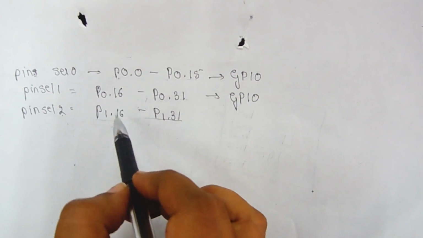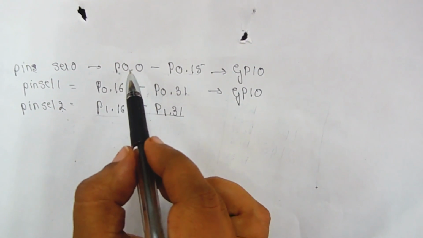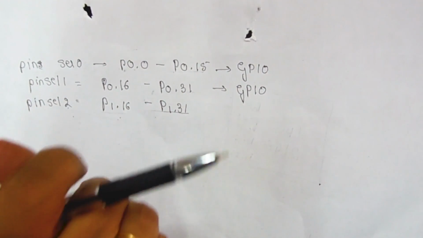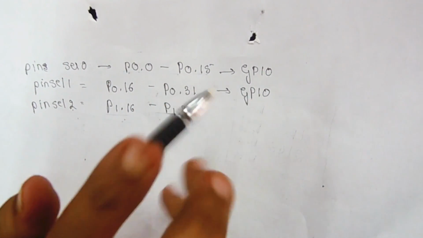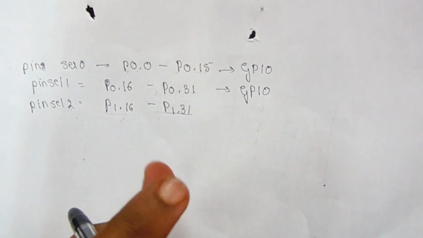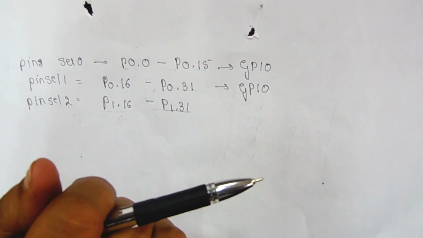Each pin of these ports, port 0, port 1, can perform 4 different functions: GPIO function, first alternate function, second alternate function and third alternate function.